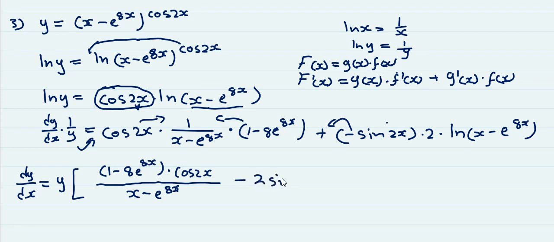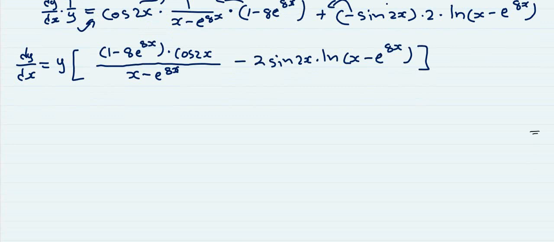2 sin 2x multiplied by ln of x minus e to the exponent 8x, the whole bracket. So what is y?